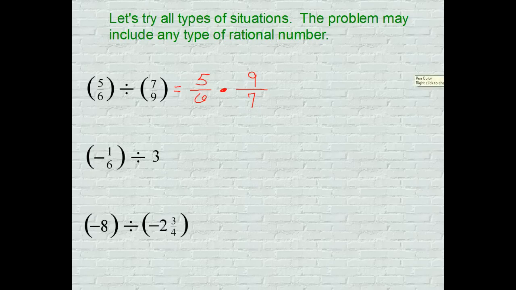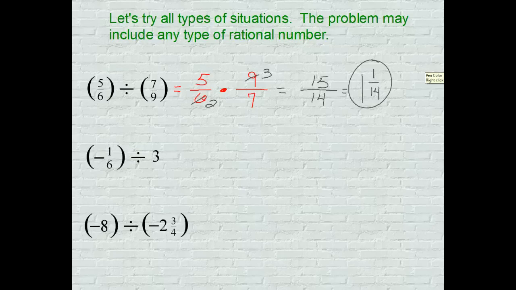I'm going to cross cancel my 6 and 9. 3 goes into 6 twice, and 3 goes into 9 3 times. I cannot cross cancel these two. So multiply straight across. 5 times 3, 15. 2 times 7 is 14, improper. 1 and 1/14.